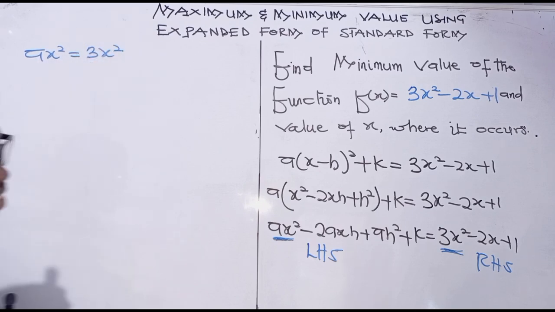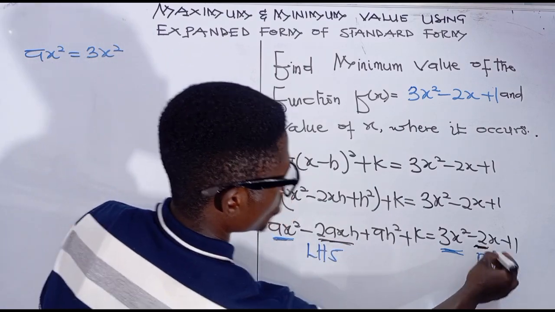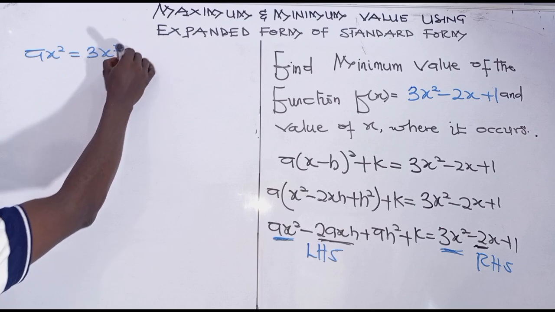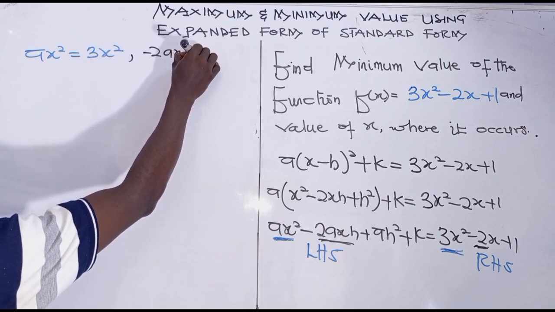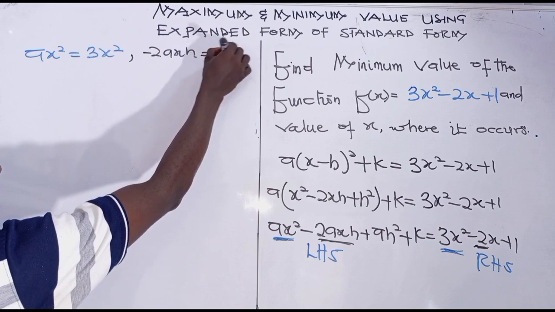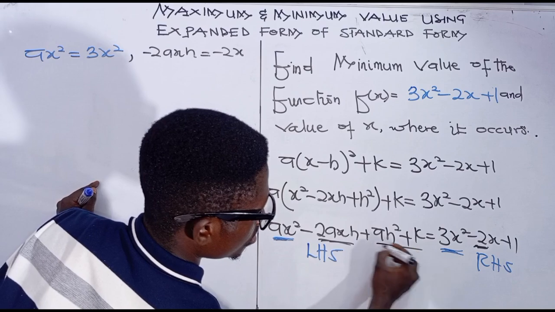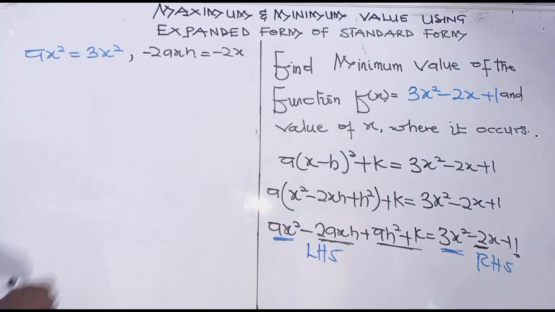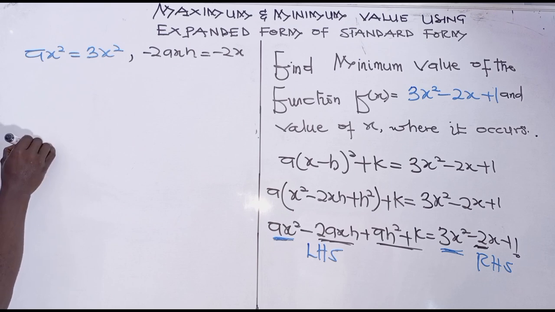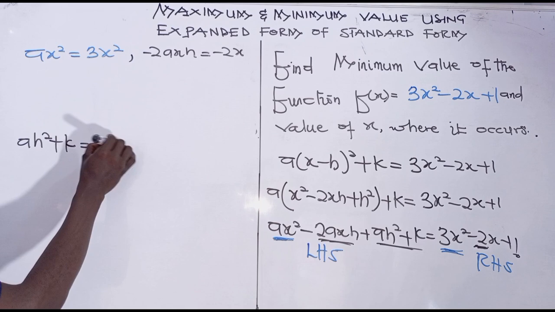You can also see that this is equal to minus 2x, so we have minus 2axh is equal to minus 2x. And lastly, we have ah squared plus k is equal to positive 1.